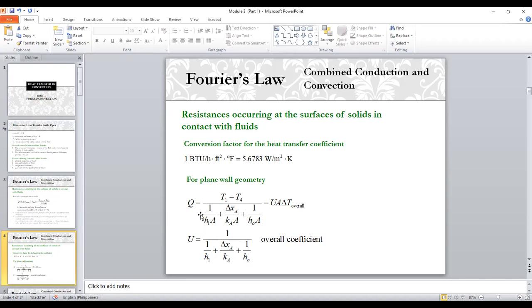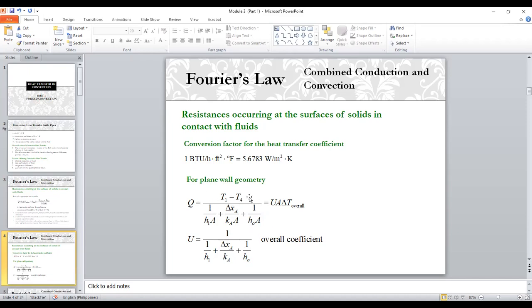By the fact that you are seeing here an H, this is already convective heat transfer resistance that are being accounted in the case of this first term here and this last term in the denominator. So your denominator in this particular formula, class, accounts for both conductive resistance and convective resistances. And this is your total resistance as a whole.